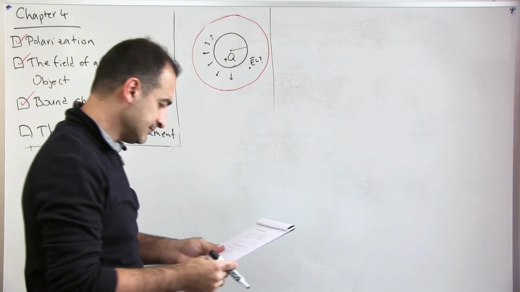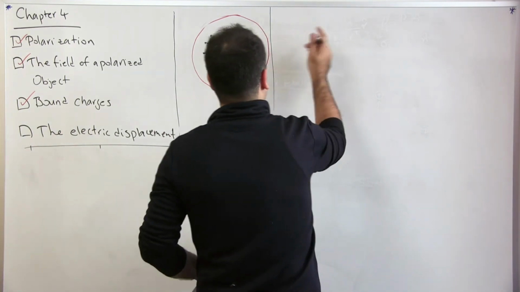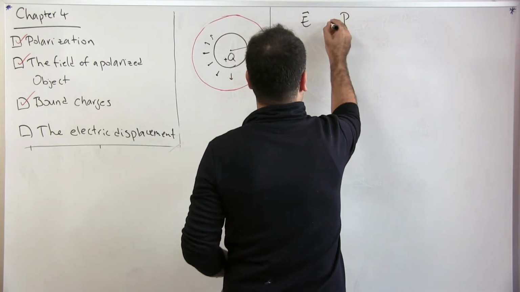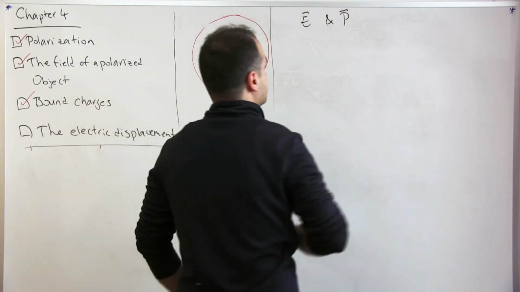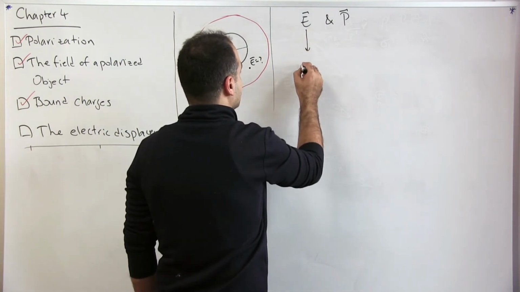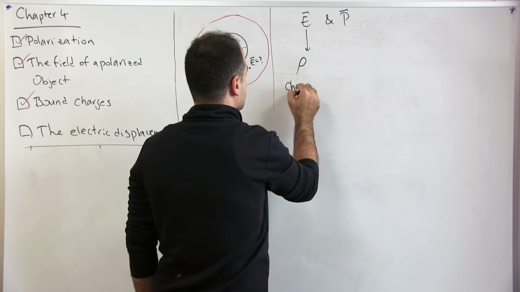So again, we have first some electric field, and then we have some polarization. These are the two things that we have. The electric field is created by a charge density, let's say rho, by a charge distribution.